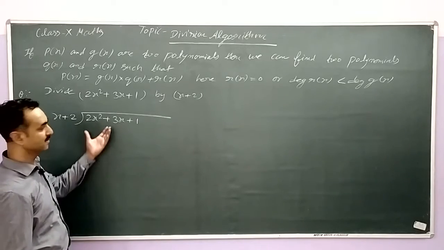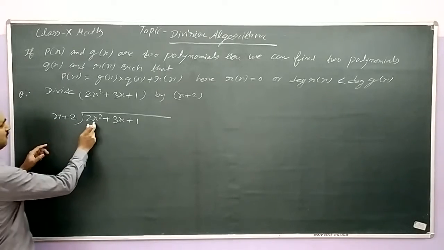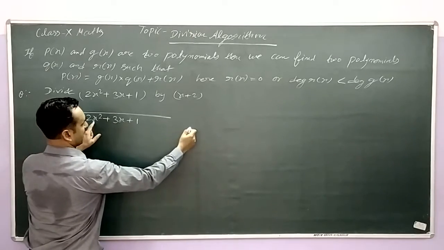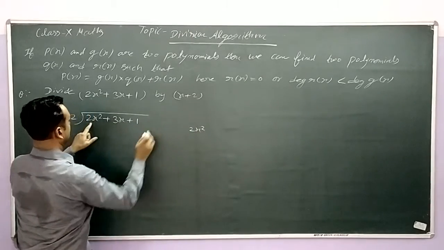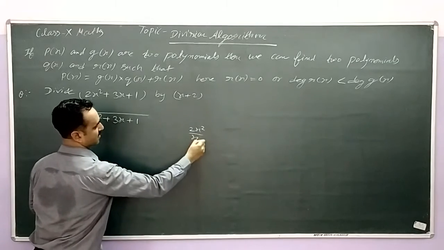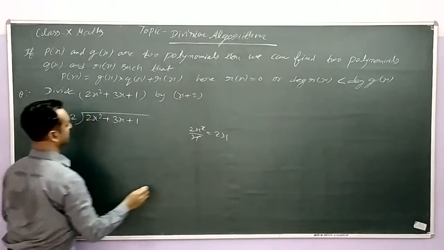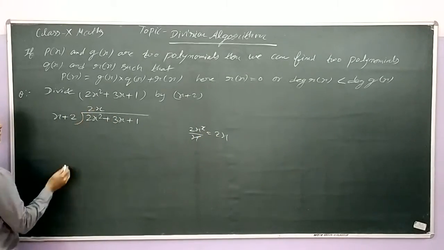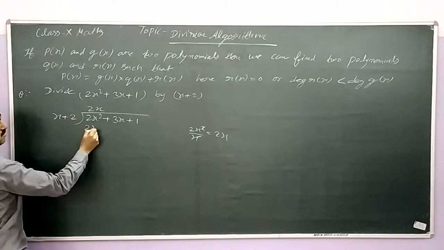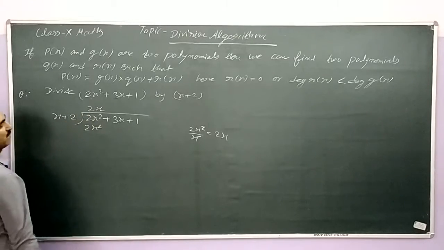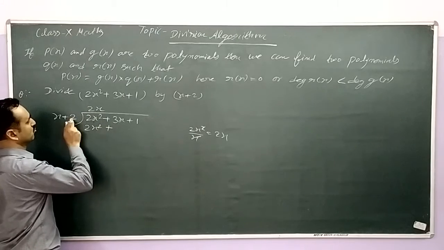We have understood this in class 9th already. So let's see here. First term 2x square divided by first term x, so we get 2x. We write 2x here. 2x multiply x, 2x square, and 2x multiply by 2, 4x.